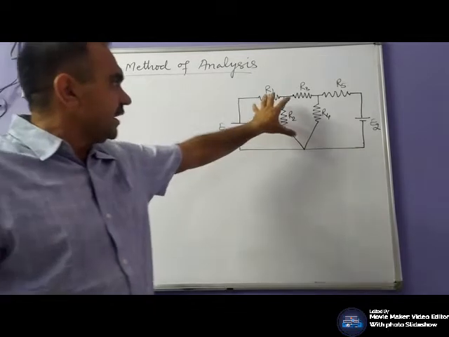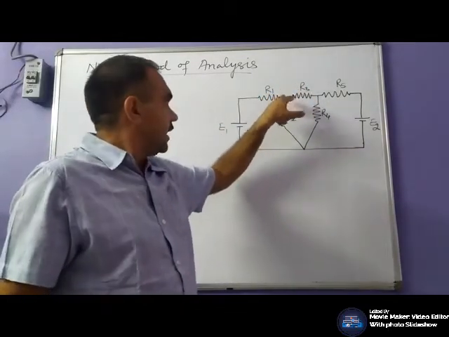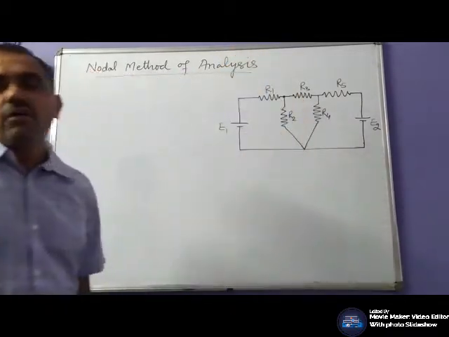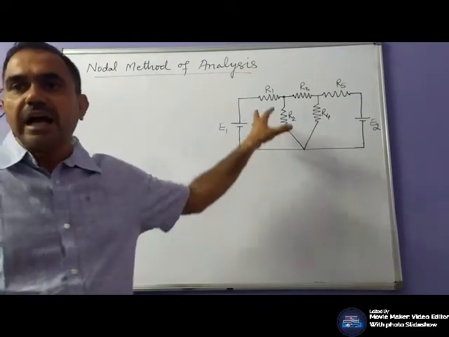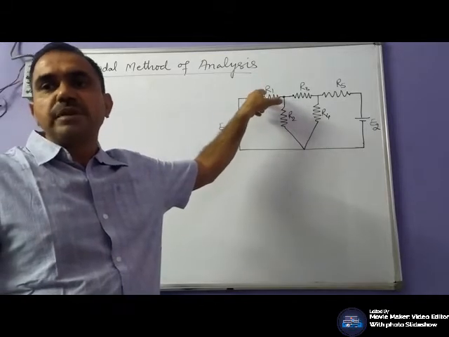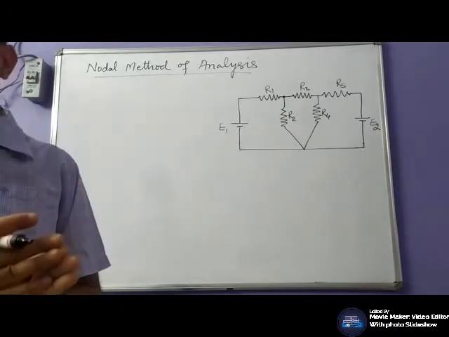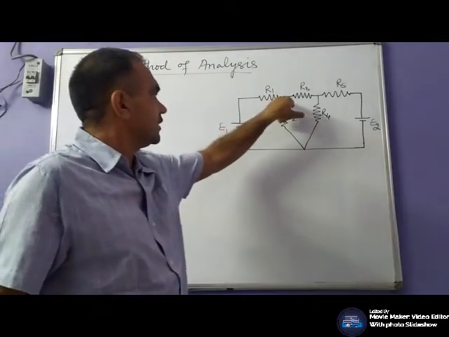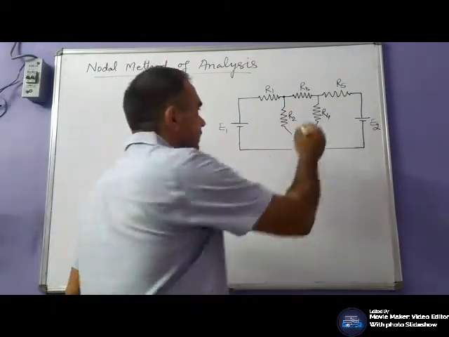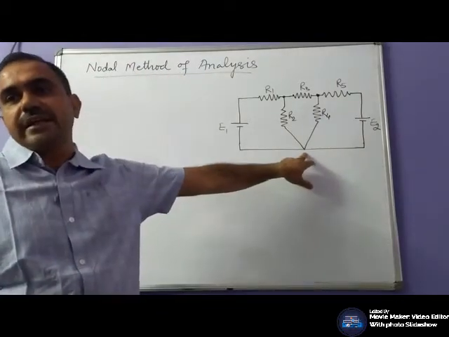So, how many nodes are there? Node: any junction where three or more than three branches are connected at a point would be termed a node. Here, three branches are connected. Here, three branches are connected. Here, four branches are connected.